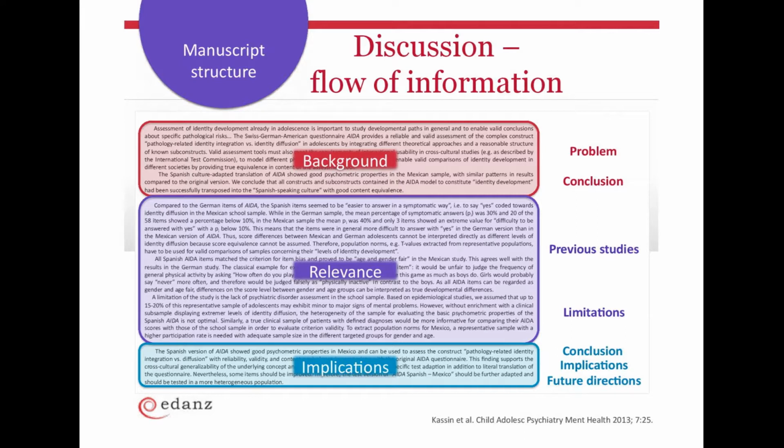Then, in the next section, they talk about the relevance their research has. They'll do this by first discussing previous studies and how their results fit in with these previous observations.